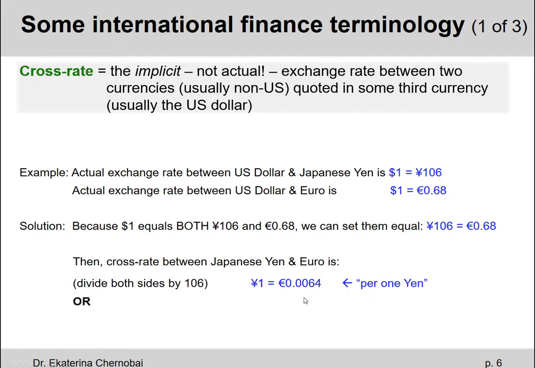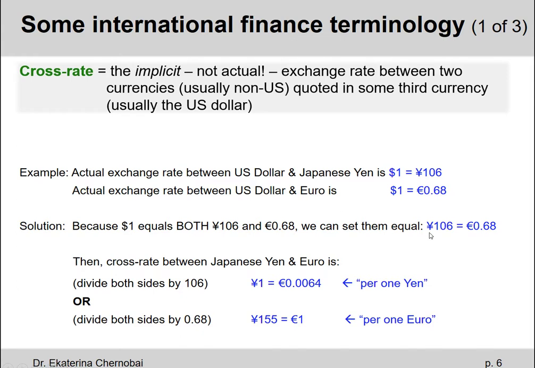But of course, there is another way of writing this implied exchange rate or the cross rate between the yen and the euro. And that would be in terms of how many yen it is per 1 euro. For that, we again go back to the little equation that we had, 106 yen equals 0.68 of a euro, and instead divide both sides of it by 0.68.